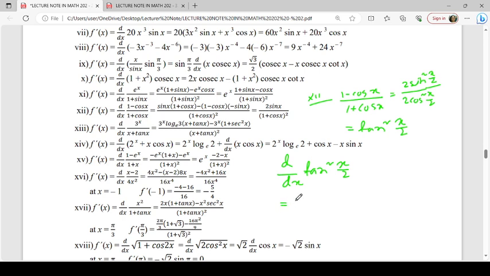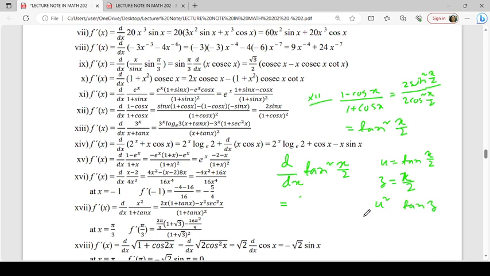So first it is a square function. So first we write u is equal to tan of x by 2, then we write z is equal to x by 2. So first it is u square, then it is tan z.